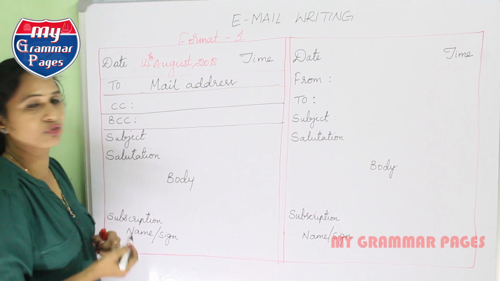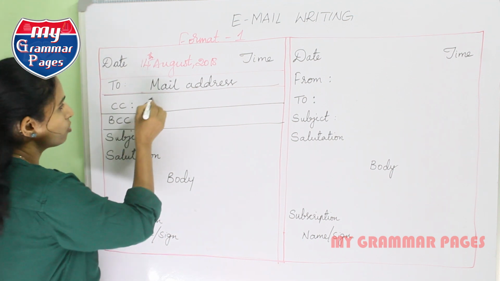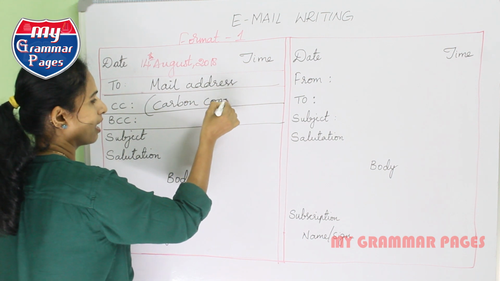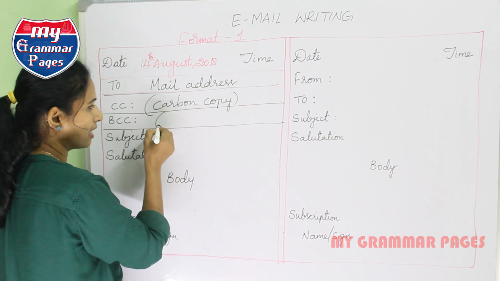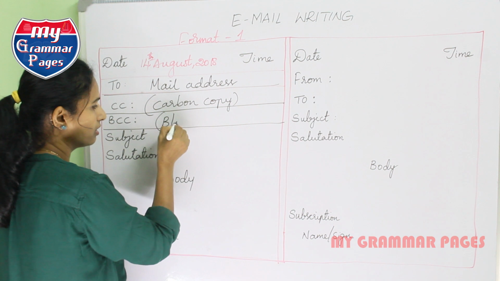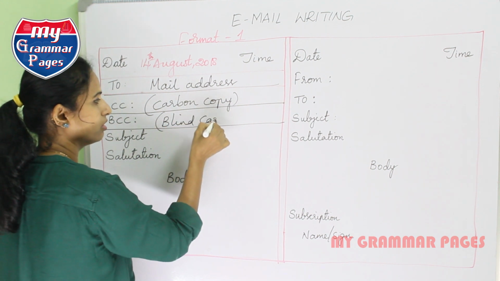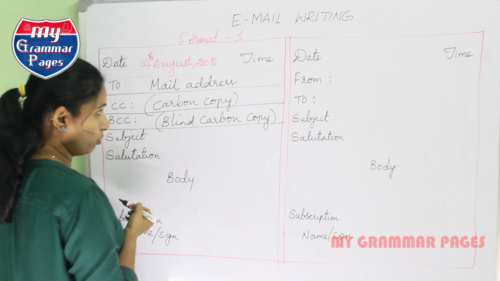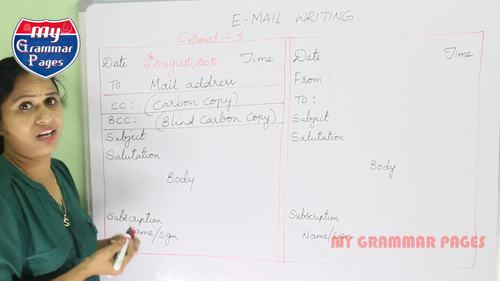Let me explain the difference between CC and BCC. CC stands for carbon copy and BCC stands for blind carbon copy. So why are these used, and what is the importance of this?